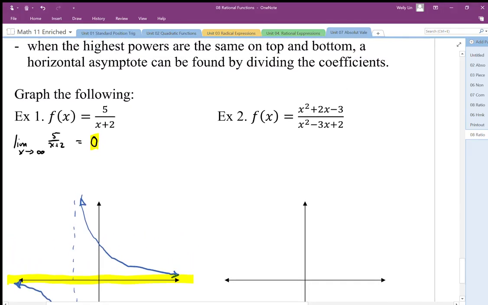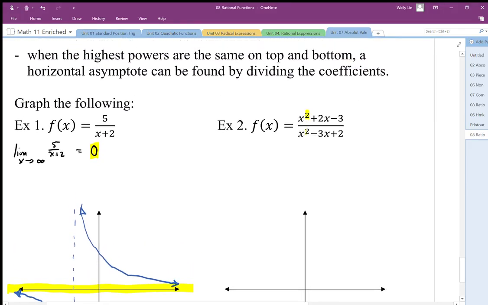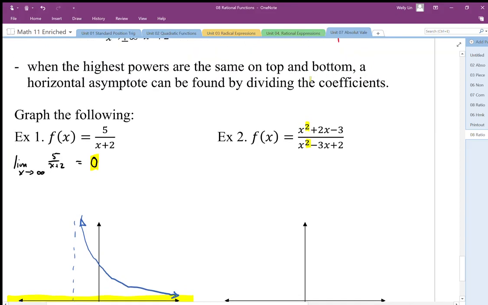So this one is where the highest powers are equivalent. Okay, so if the highest powers are equivalent, what that means is the rest of these terms here really are insignificant relative to the x squared term. And so we just ignore those, and we end up with something that looks like this.